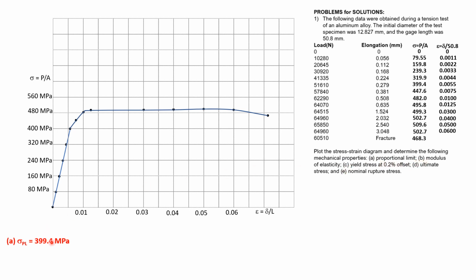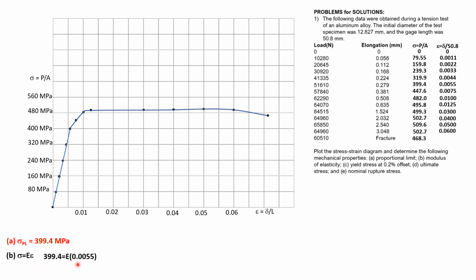Since stress is proportional to strain within the proportional limit, then this stress 399.4 is equated to modulus of elasticity E times the strain, which is 0.0055 for that case. So 399.4 equals E times 0.0055.